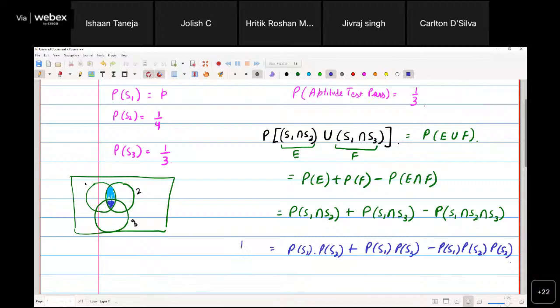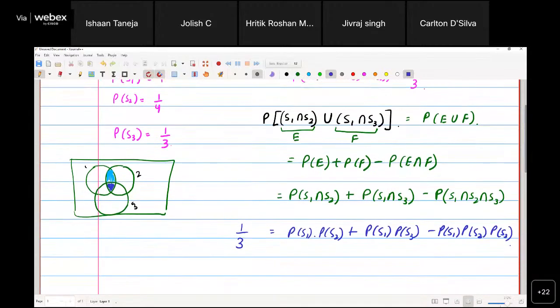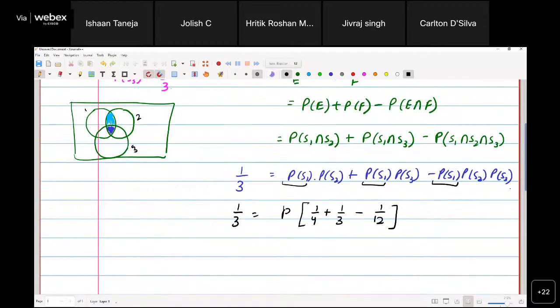Okay, and we know this probability equals 1 by 3, right? So if I plug in the values, it's 1 by 3. I can take probability of S1 common from all these three terms, right? So P comes out. Probability of S2 is 1 over 4, S3 is 1 over 3, minus 1 over 12. I think you can solve and get the value of P now, right?